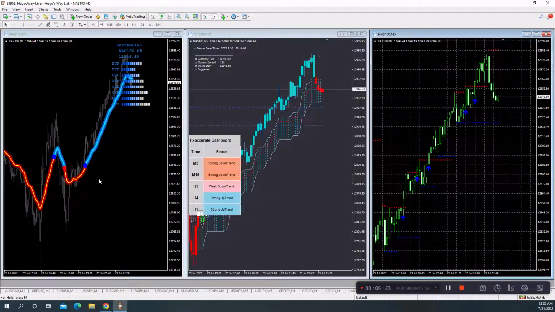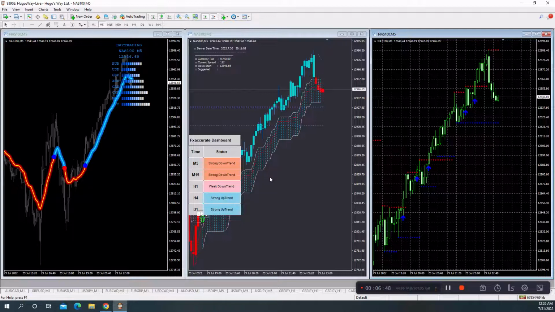I'm not saying that you necessarily should look for only buys, but I'm more comfortable trading when it's in an uptrend and it's doing buys. Even though I've made just as much money with the sells, I like the buys more because I just know that's the way NAS moves. So that's what this one is for.